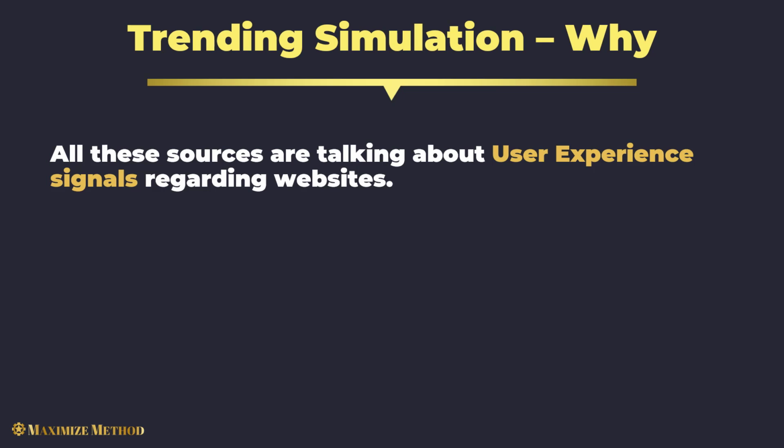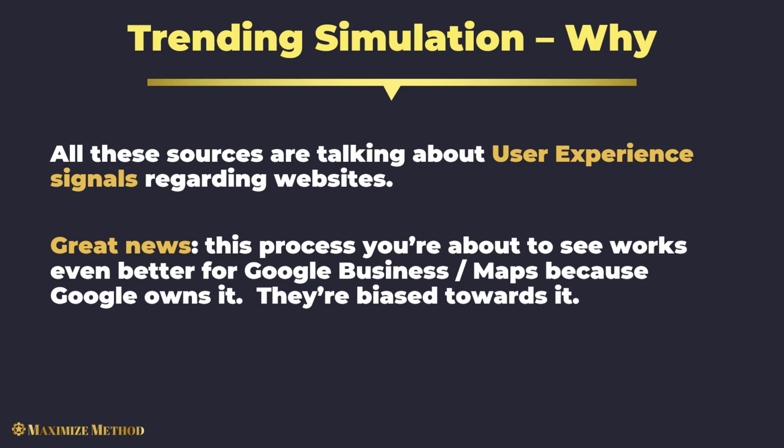So all of these sources are talking about user experience signals regarding websites. What's fantastic is that this trending simulation, this strategy that you're about to see, works even better for Google Business and Maps because Google owns Google Business. They're biased towards it, right?